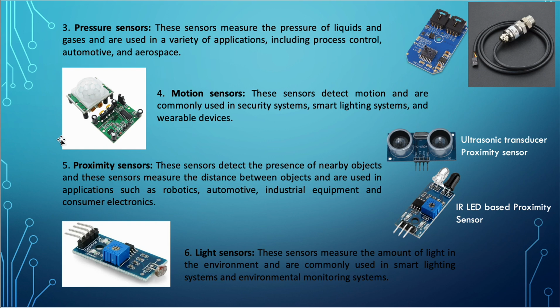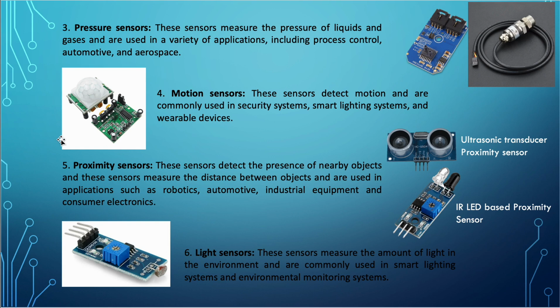These sensors detect the presence of nearby objects, measure the distance between objects, and are used in applications such as robotics. The Roomba vacuum comes to mind again. Automotive industries, smart vehicles, right?